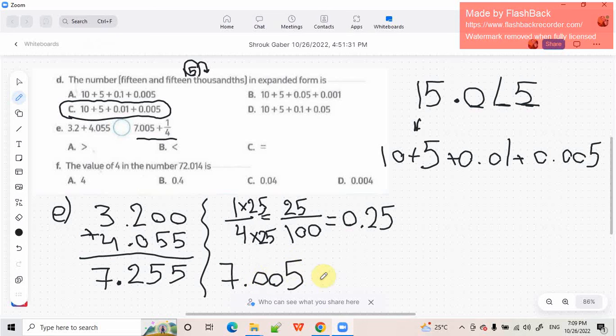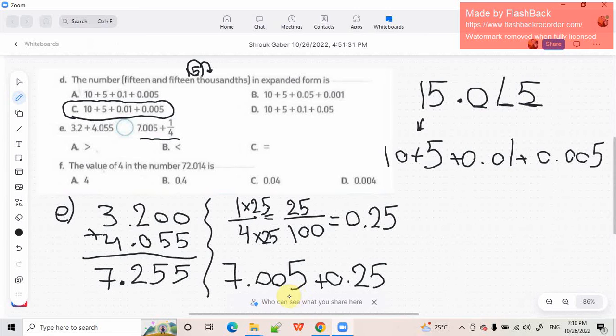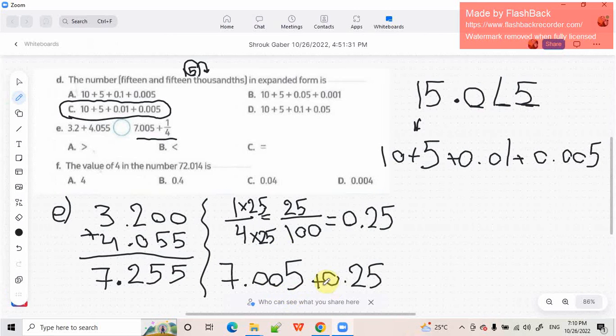Okay, now I have 7.005 plus 1/4, which we say is 0.25. Okay, let's make the addition. We have 3 digits here, and here we have 2 digits, so I will put 0 here. 5 plus 0 equal 5. 0 plus 5 equal 5. 0 plus 2 equal 2.